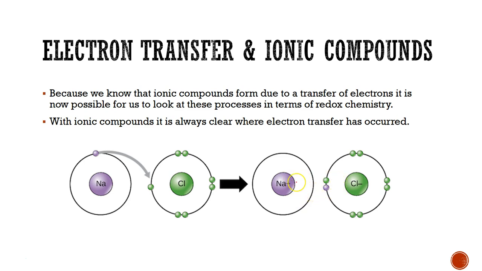There's been a transfer of electrons. Sodium has lost its electron, therefore was oxidized. So in this case we have oxidation because it's lost electrons, and chlorine on the other hand has gained electrons, so it's undergone reduction. So anytime we see the formation of an ionic compound, we also have a redox reaction.